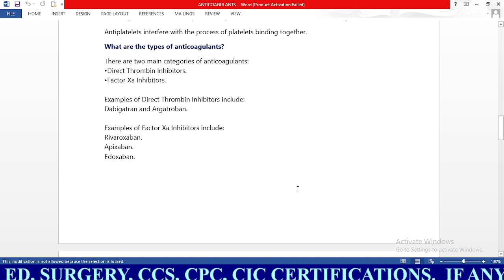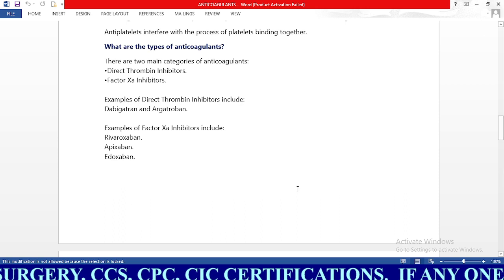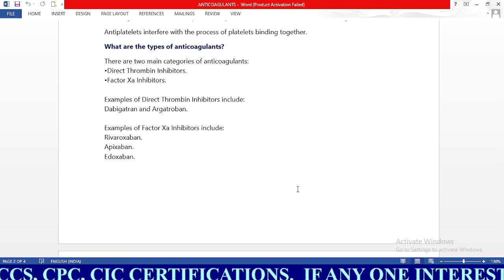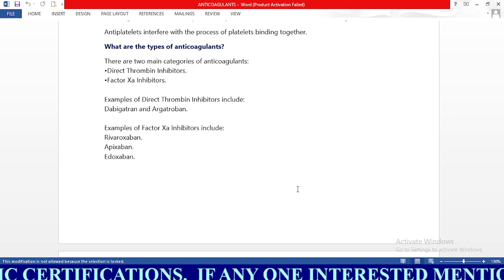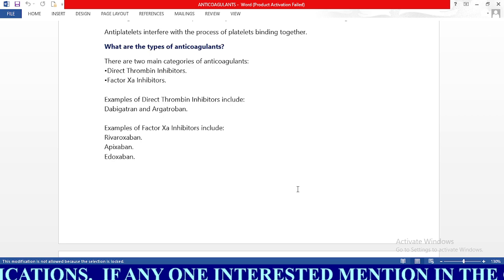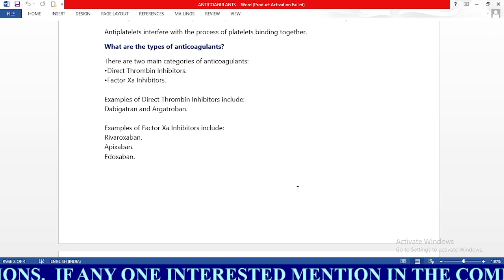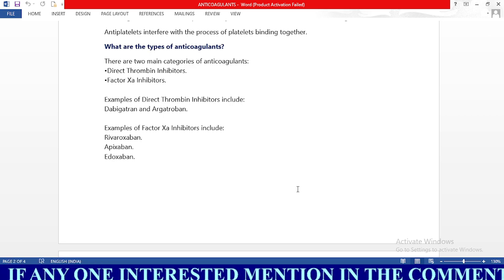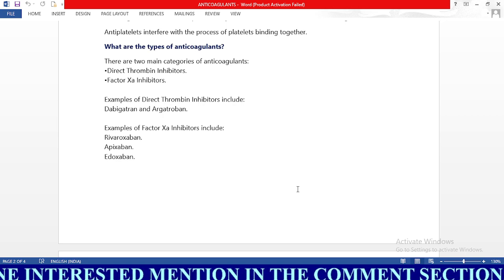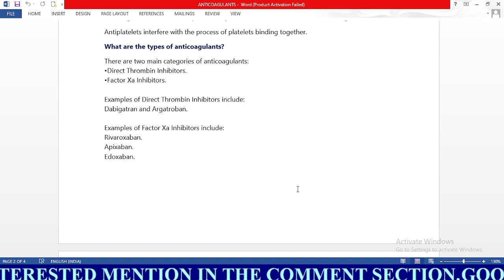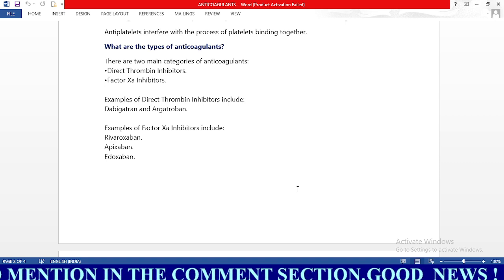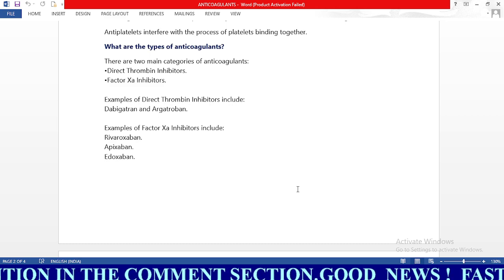Usually we will see rivaroxaban in our medical coding records, which is the most common anticoagulant preferred by physicians, and also apixaban. If you see apixaban or rivaroxaban in the documentation, you need to think that the patient has some type of chronic condition like stroke, DVT, or pulmonary embolism.